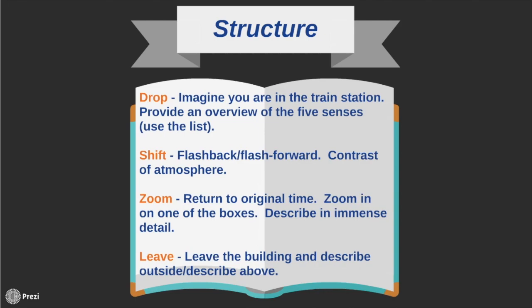And then the final part of your answer, you leave the building or the place that you've been describing all along, and you describe it either from above the location or external to the building. Here we would leave Grand Central Station and describe leaving that building. Again, you are creating contrasts in your writing, thinking about how things are very different outside.